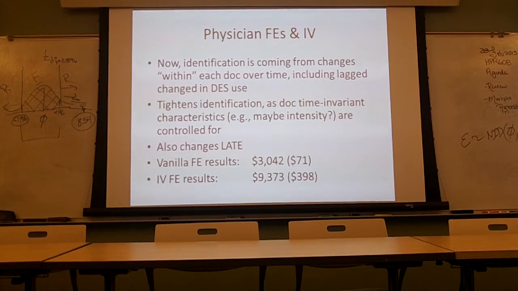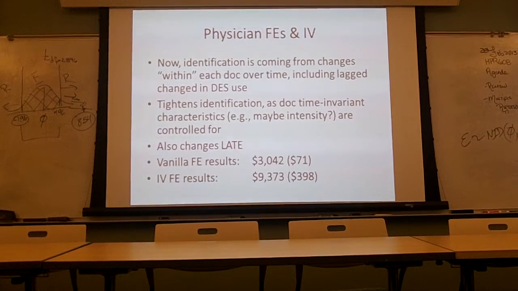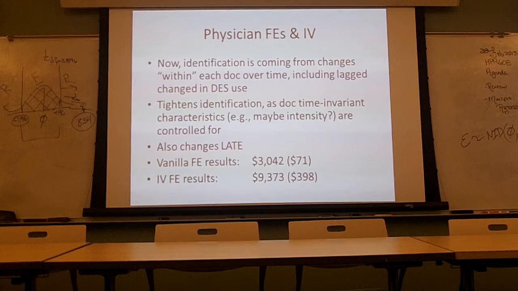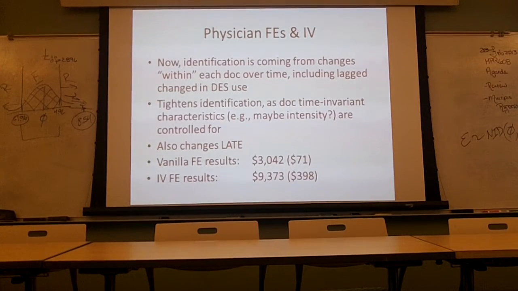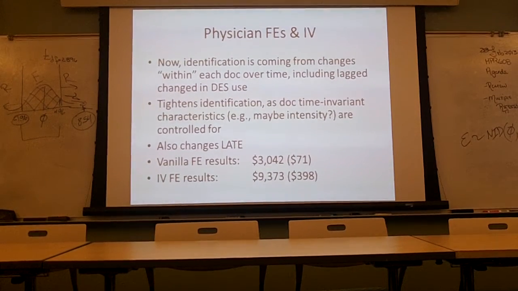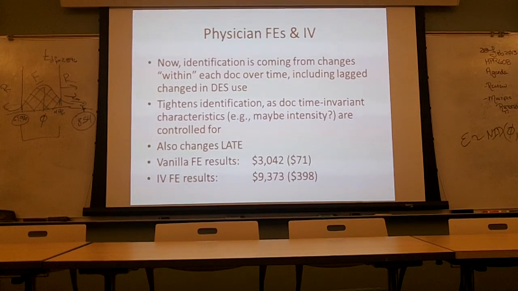Why don't we add in physician fixed effects instead of hospital fixed effects? Now our identification is coming from within variation over physicians, over the same physician over time, including our lag change in drug-eluting stent. So this is saying all the variation in your instrument is coming from the same physician as they go up the adoption curve, come down the safety warning curve, and we have a much tighter source of identification, but it's also different from what we had before.